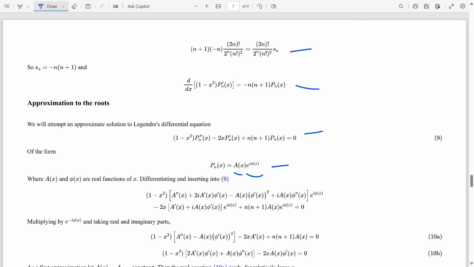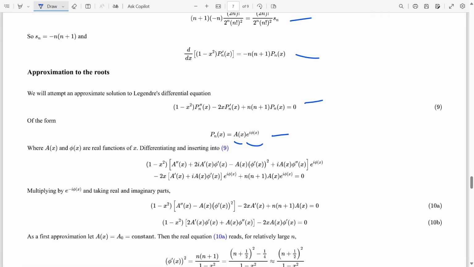Since Legendre's differential equation is a linear homogeneous equation with real coefficients, both the real and imaginary parts of any complex solution here will be real solutions to the original differential equation.